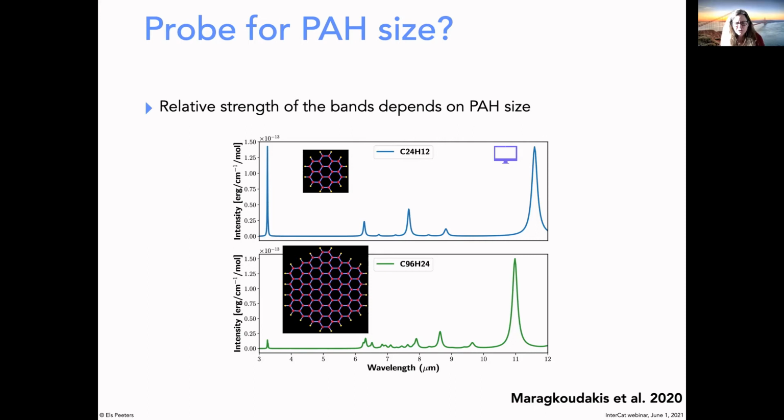And of course, because it's relative to each other, you want to have the baseline in wavelength as large as possible, so 3.3 over 11.2 is most sensitive to changes in excitation and PAH size, while bands which are closer to each other will be less sensitive to it.